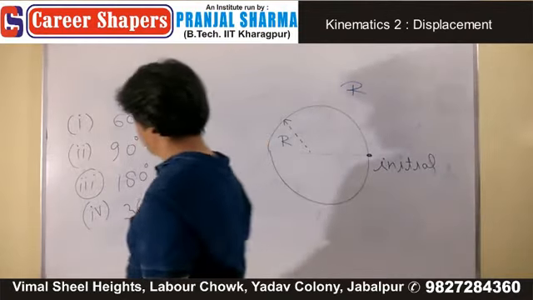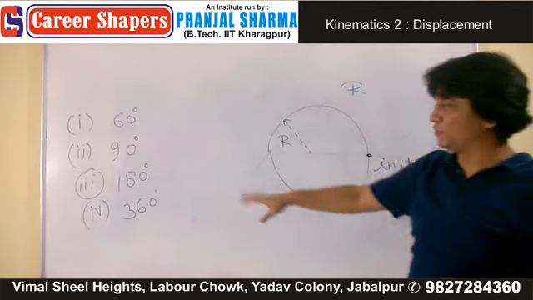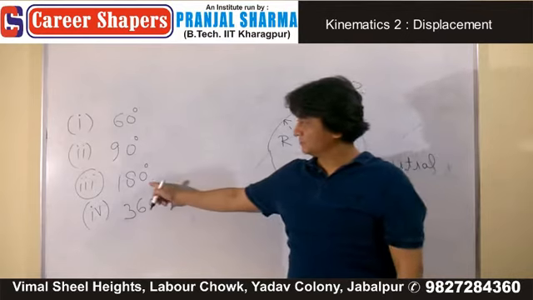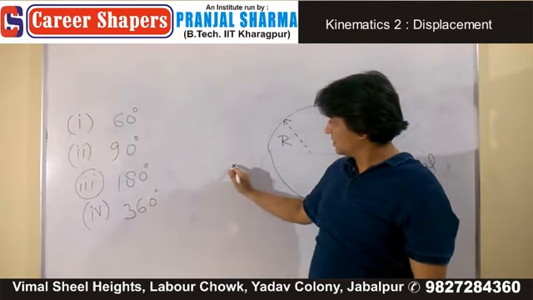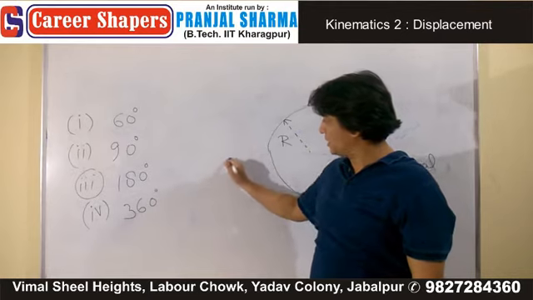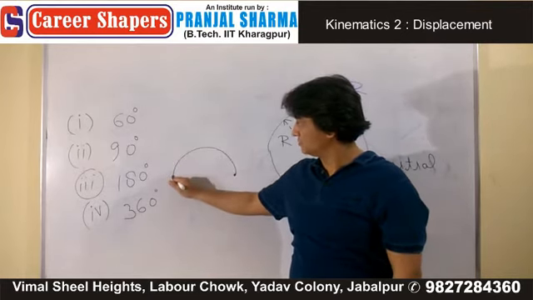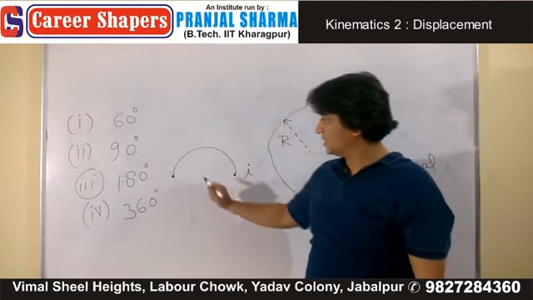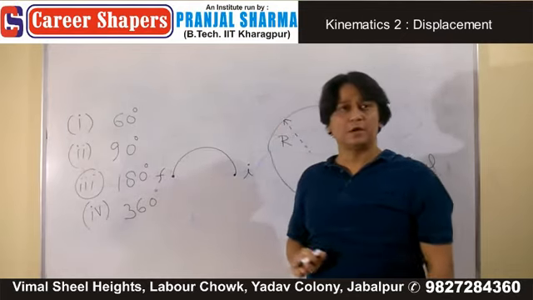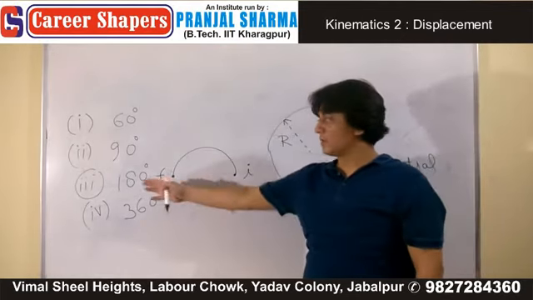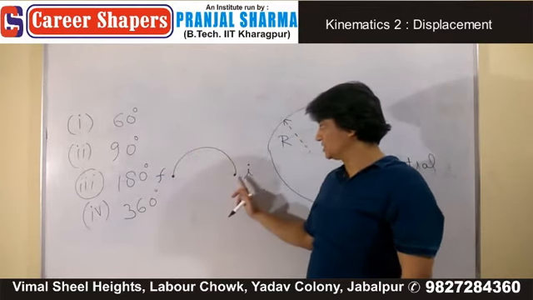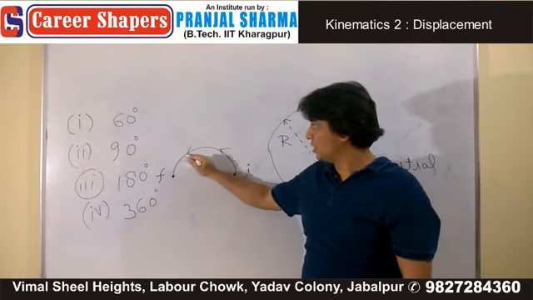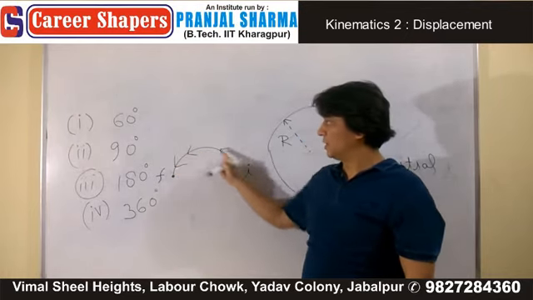Look, let's handle third and fourth first because they are very easy. Third says you started from this point and you arrived at this point. This is the initial point. This is the final point. You can also draw the same figure for every question. This is your path length.